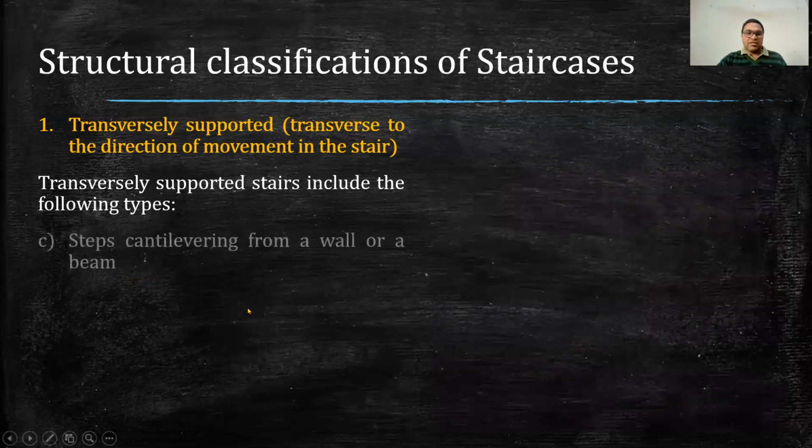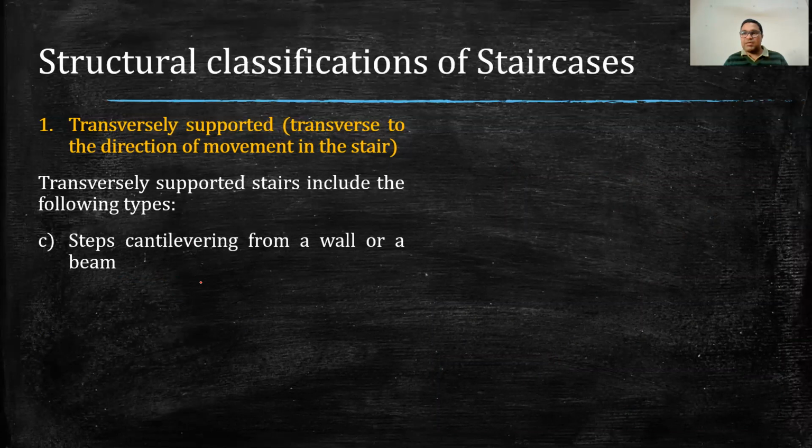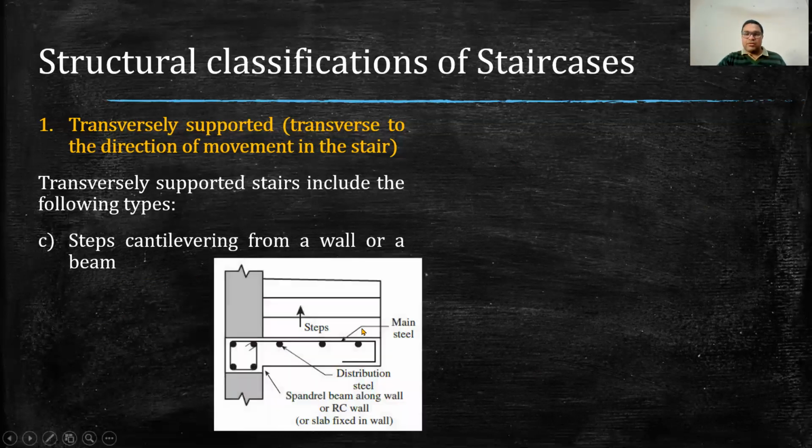Then the third category, in this third category, what we can do is provide a beam on one end of the steps and the other end may be free. So in that case, it will be a cantilever step and it will look like this. So in this case, you can see we have provided the beam only at one end, in between the wall, and this end is free. So in that case, it will be known as steps cantilevering from wall.